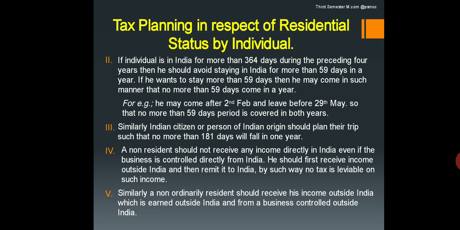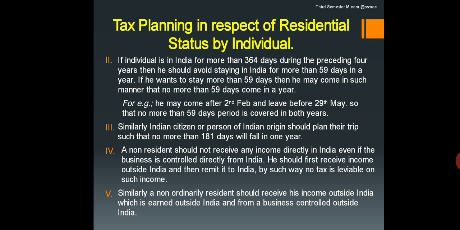And next April and May he can stay in India up to May 29th. So he can stay in India for 118 or 119 days. But if we take 1 previous year, he will be in India only for 59 days. He stretched his visit into 2 financial years.